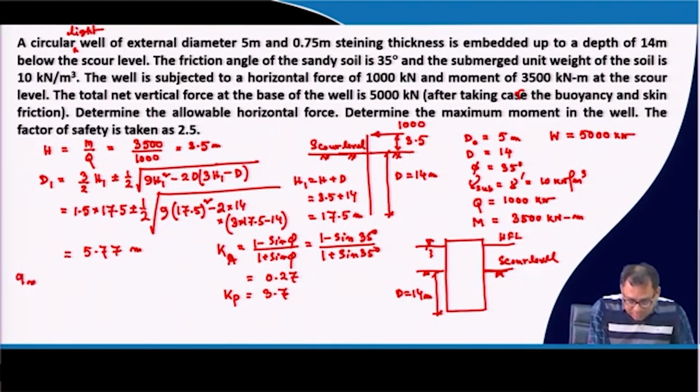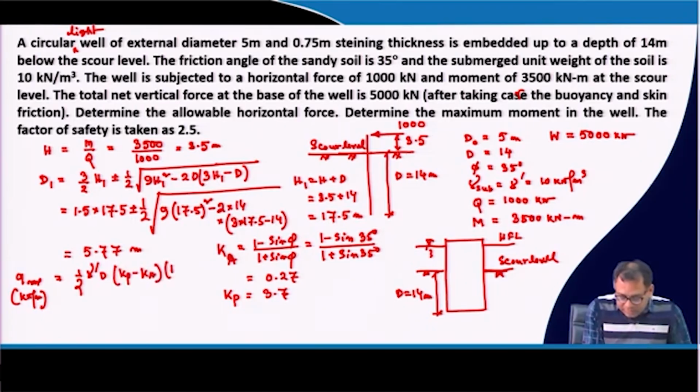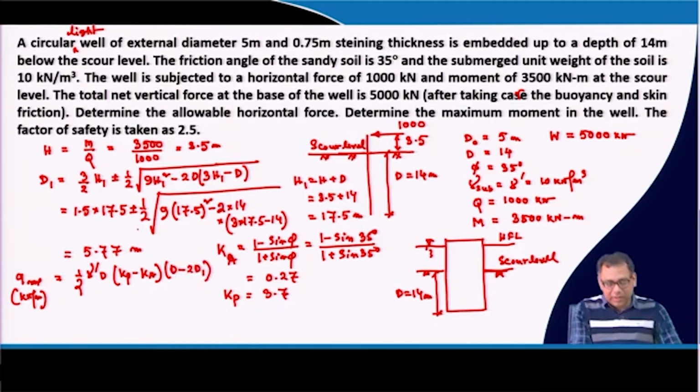So, my small q max, in kilonewton per meter, for a light well, the equation is given: equation 1, half gamma d, Kp minus Ka, then d minus 2 d1. This equation I have already derived.